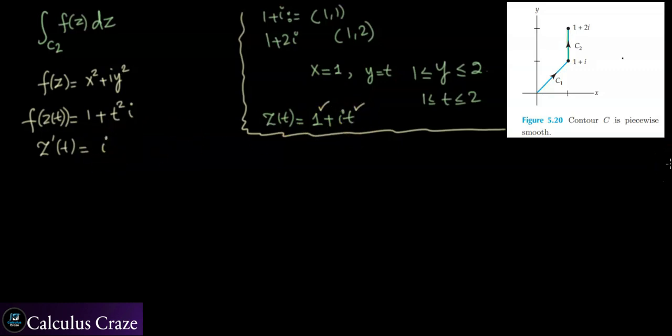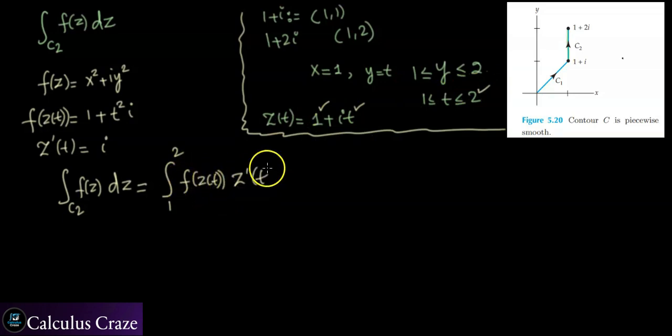Now we just have to apply the formula that says the integral of a complex function over this curve C2 should be equal to the integral with limits from a to b, which in our case is 1 to 2, of f of z of t times z prime of t dt.